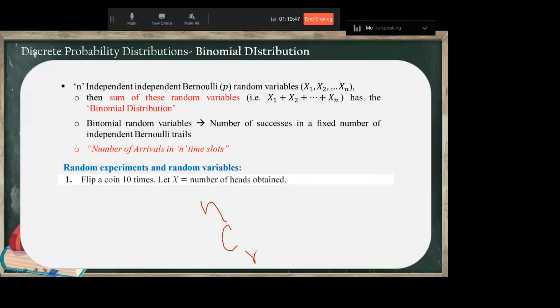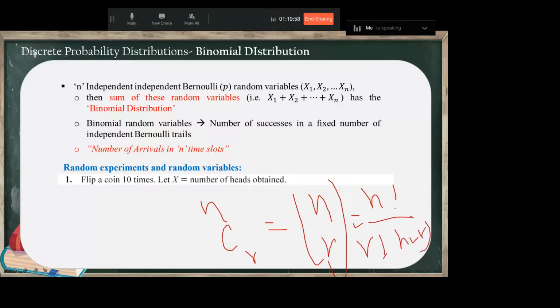nCr, also denoted by (n r), is n factorial over r factorial times (n minus r) factorial, right? So this is how we get the combination. So why am I doing this? Because we're going to use this in binomial.